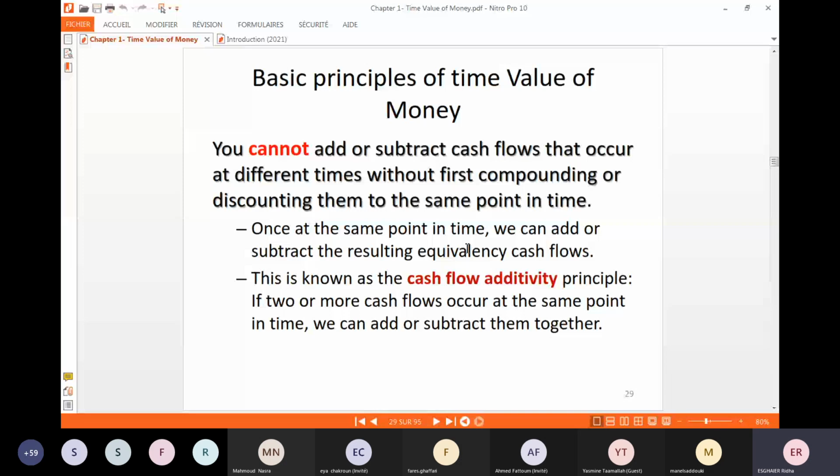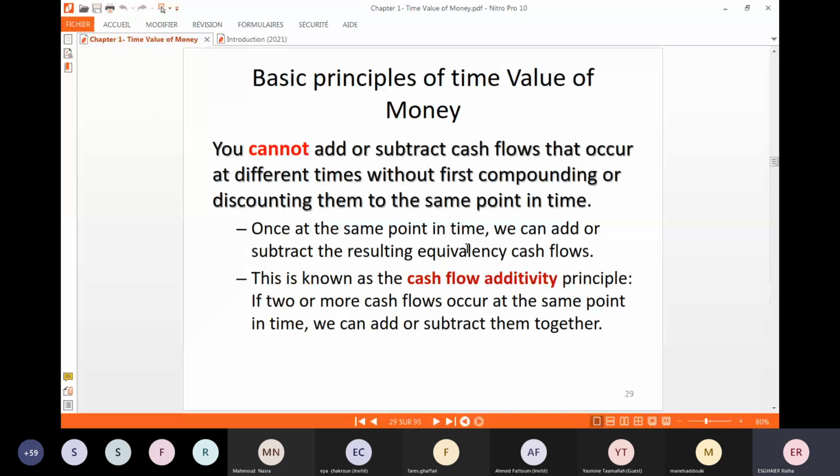Or we can compound the 100 that we have today to compute its value 1 year from now. Then we add it to the 100 that we will receive 1 year from now. So if 2 or more cash flows occur at the same point in time, we can add or subtract them together. But if the cash flows occur at different timings, we cannot add or subtract them.